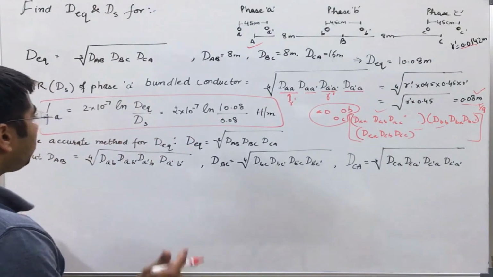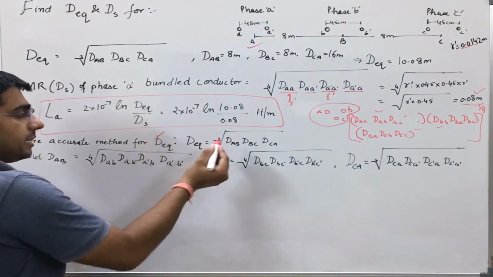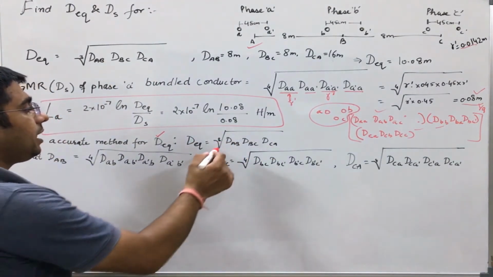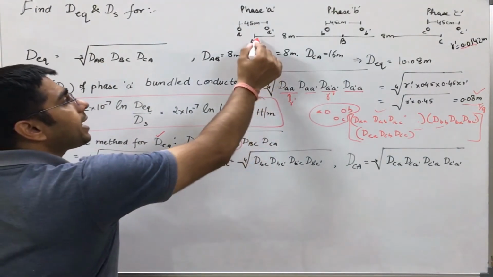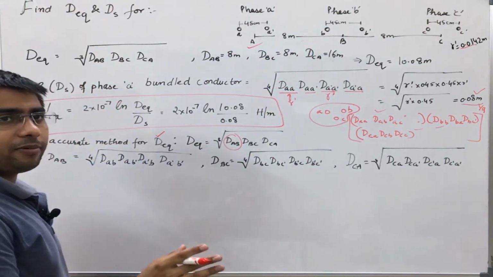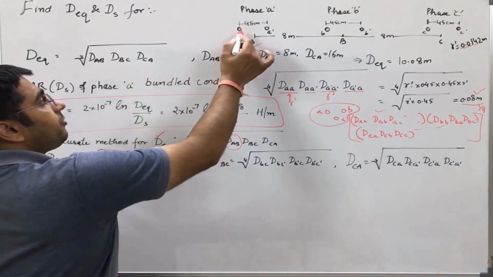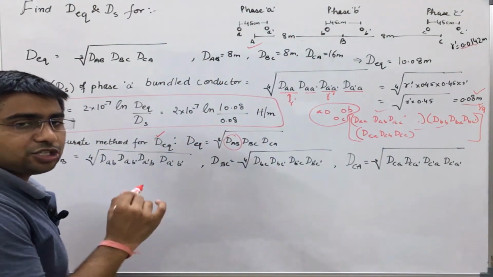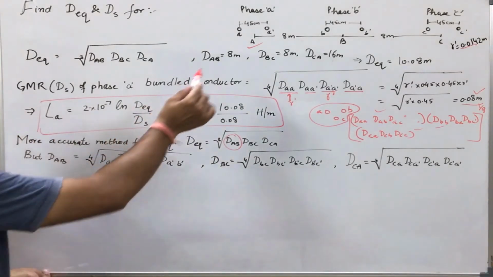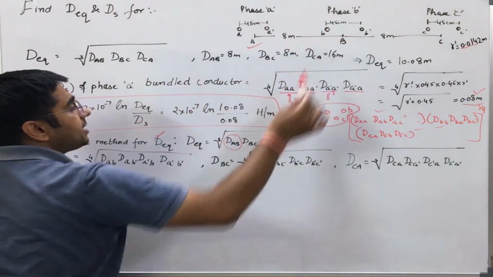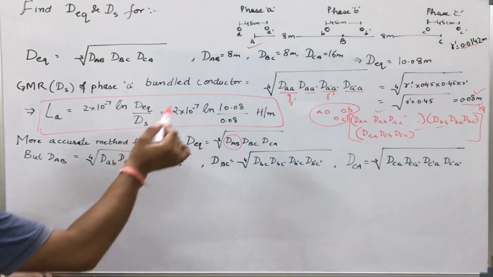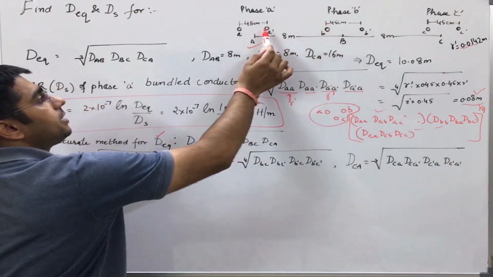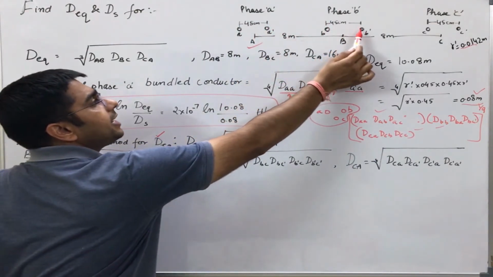That is, if I want to calculate D equivalent, then I will use the same formula, DAB, DBC, DCA and their cube root, but DAB will not be taken as the center to center distance. It will rather be taken as the geometric mean of the distances between each subconductor of each phase. So there are 4 conductors, A, A dash, B, B dash. So how will I calculate it? I will use DAB, DAB dash, DA dash B, DA dash B dash.